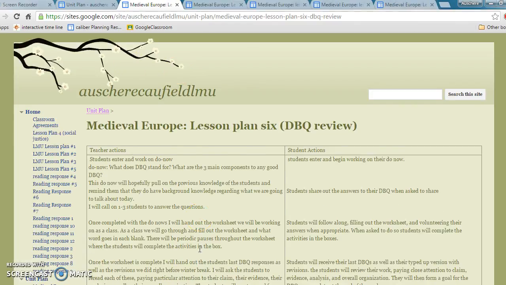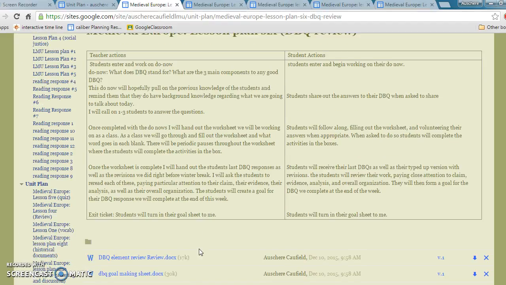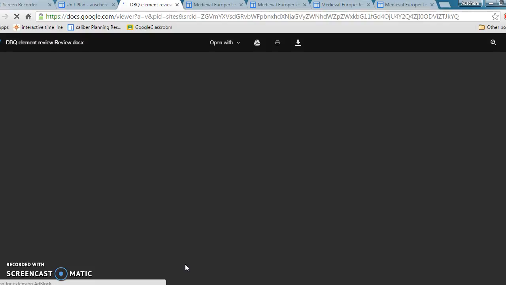Lesson 6 is a review of document-based questions. We're going to have just come back from a really long break, so we're going to do an activity where we're just going over what are the elements of a document-based question, how do we go about preparing for one, and what is the grading like on one.